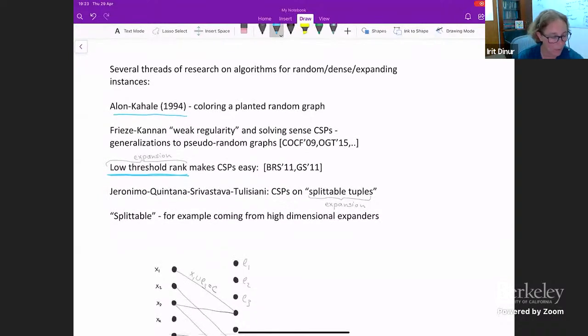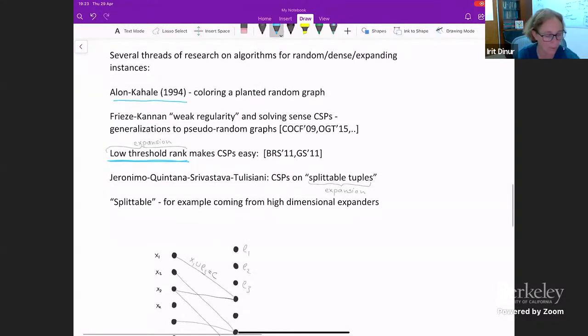And all of these works were about problems that have 2 variables, like coloring. Then, more recently, people started to think about CSPs where the triples have certain extra properties. So there is this property of splittable tuples.